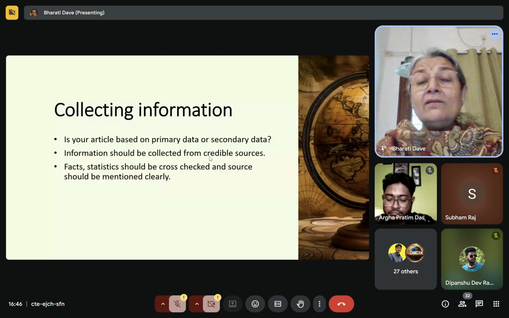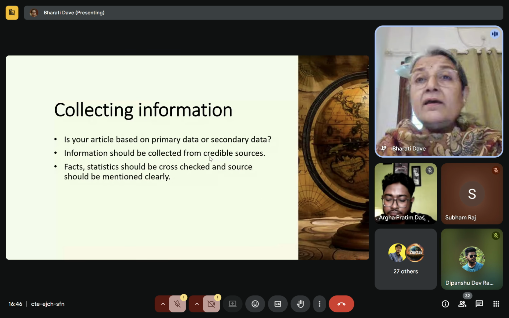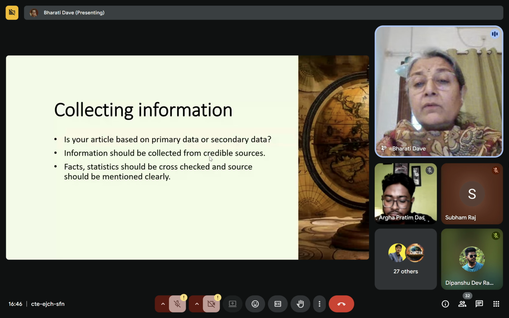Then you realize what is their source, and then you go back to the source and you realize that that's not correct.